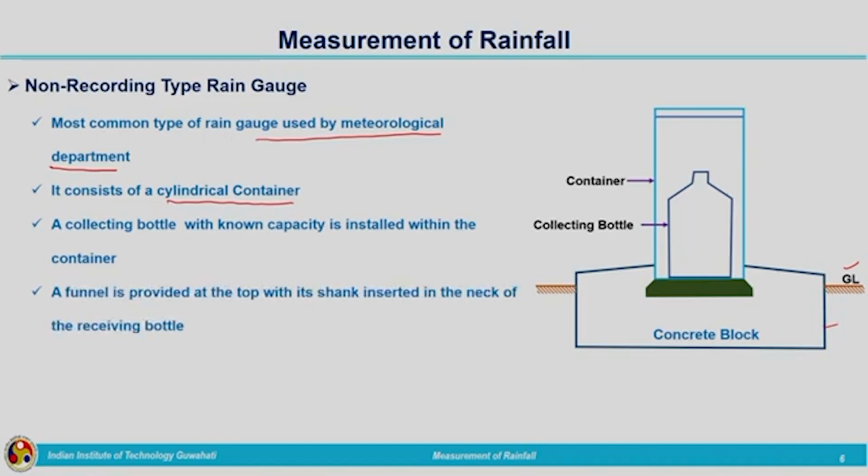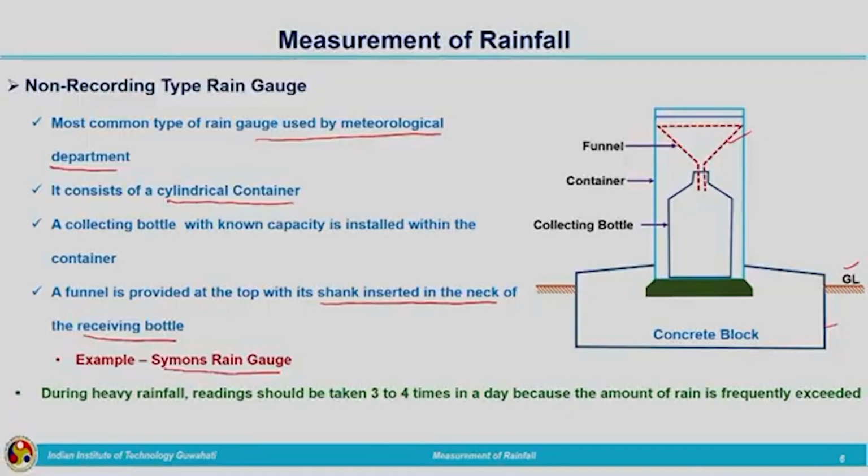A funnel is present at the top. Here you can see the funnel. A funnel is provided at the top with its shank inserted in the neck of the receiving bottle. When we are experiencing rainfall, it will be collected in the bottle. During the rainy days, it will exceed the capacity of this collecting bottle.